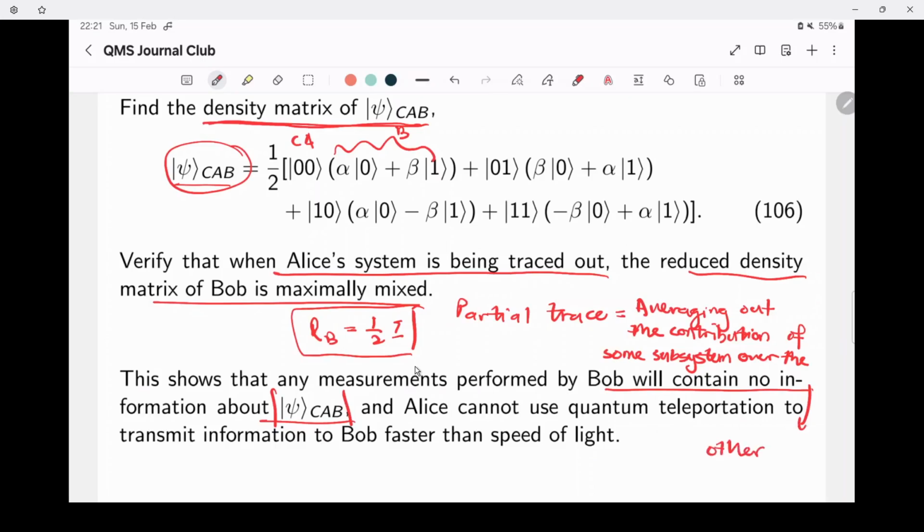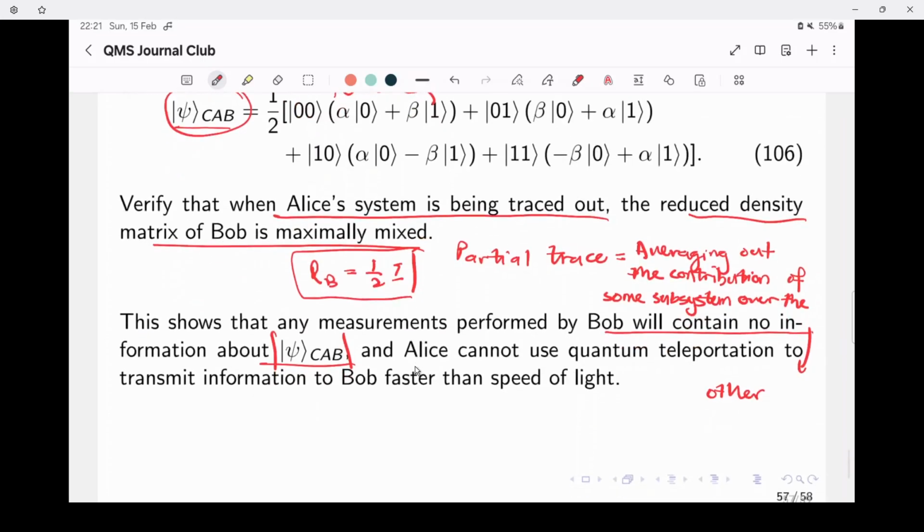So partial trace really tries to average out, in this case, the contributions from Alice's qubits C and A, and just focus on what is happening on Bob's qubits. So that's essentially the physical idea for partial trace.